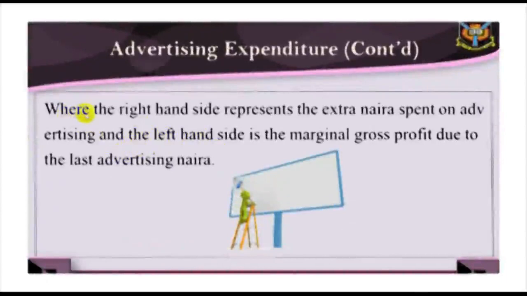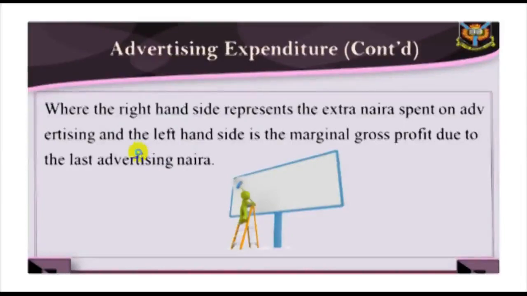In other words, if change in Q is the number of extra units of output sold due to an extra naira of advertising, advertising expenditure must be such that change in Q times (P minus MC) equals 1, where the right hand side represents the extra naira spent on advertising and the left hand side is the marginal gross profit due to the last advertising naira.